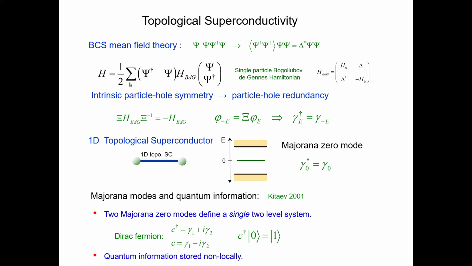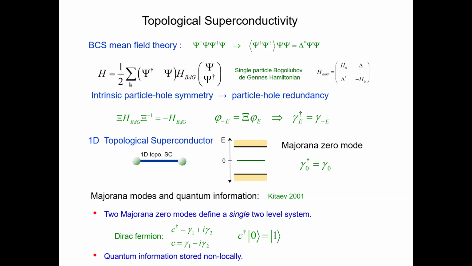Now, of course, we know that if there's a state at positive energy, it has to have a partner at negative energy. But a state at zero energy could be its own partner. And if you have a state at zero energy that is its own partner, you can't get rid of it, because it can't move away from zero, since its partner would have to appear out of nowhere.